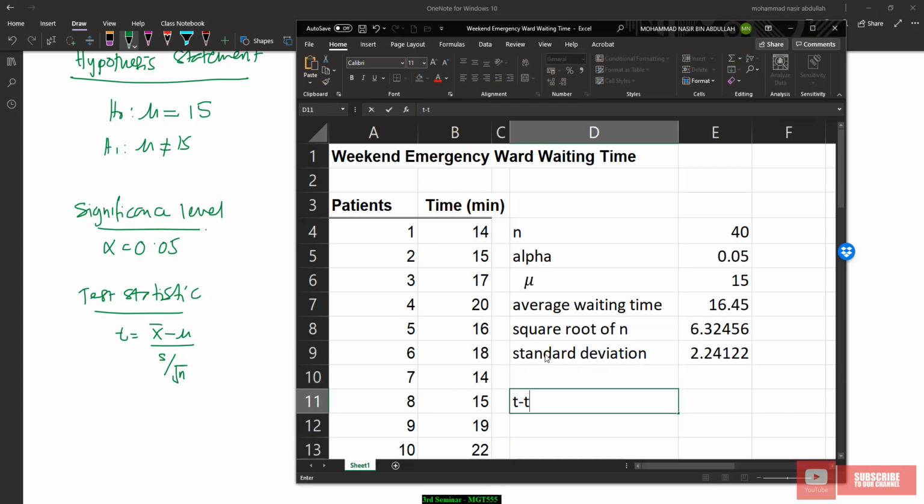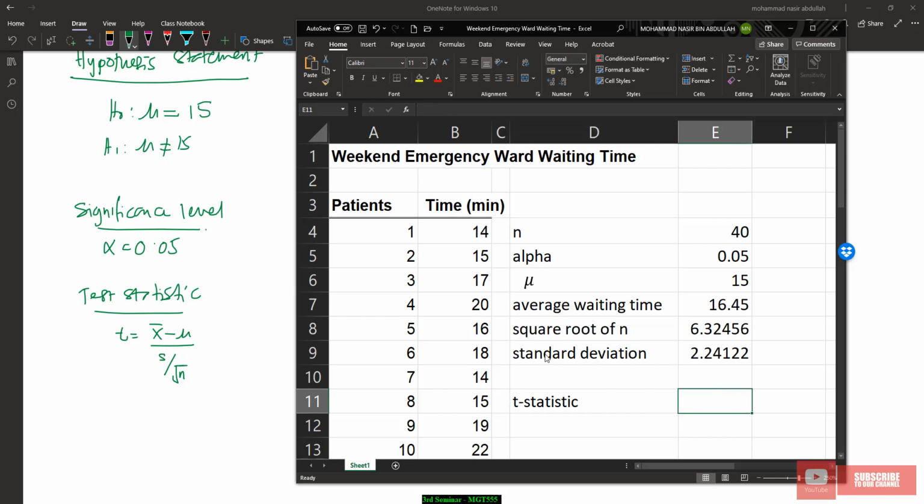Next, we need to find the T statistic. The T statistic without S means this is the sample, the numerical value that we want to test.